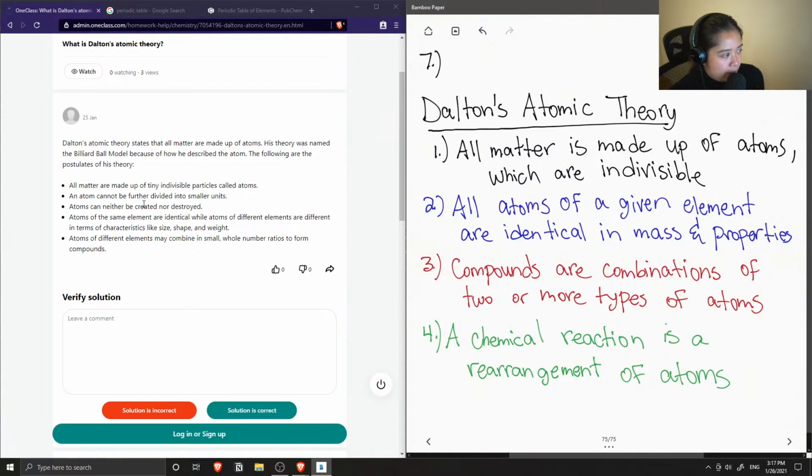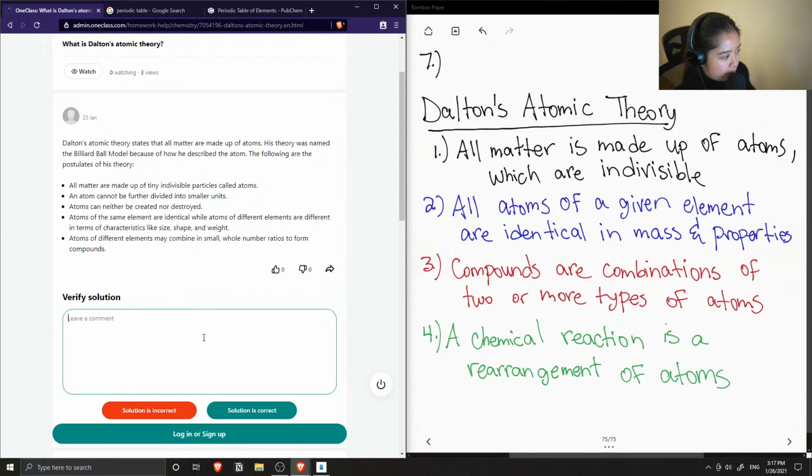Atoms can neither be created nor destroyed. So that's true as well. Atoms of the same element are identical, while atoms of different elements are different in terms of characteristics like size, shape, and weight. Finally, atoms of different elements may combine in small whole number ratios to form compounds. Yep, so this solution is correct.